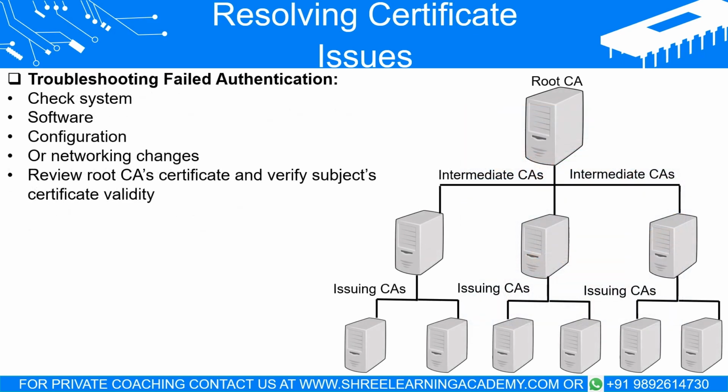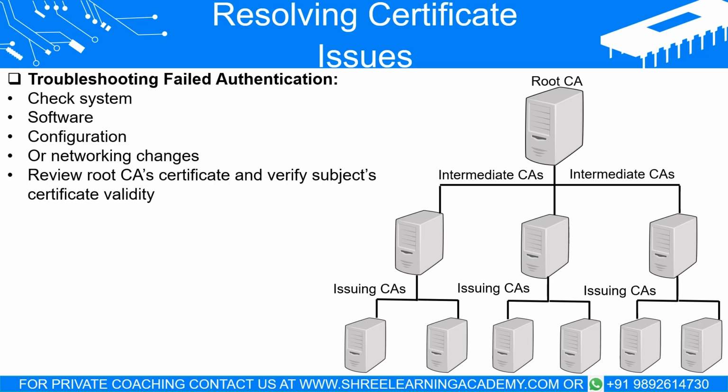Troubleshooting failed certificate authentication. Another crucial aspect is troubleshooting certificate authentication when it fails, particularly if it had been successful before. If your key suddenly can't open the door when it worked just yesterday, you know something's wrong. Similarly, a previously successful authentication that now fails indicates an issue. To identify the problem, we need to check for system, software, configuration, or networking changes that may have occurred recently.